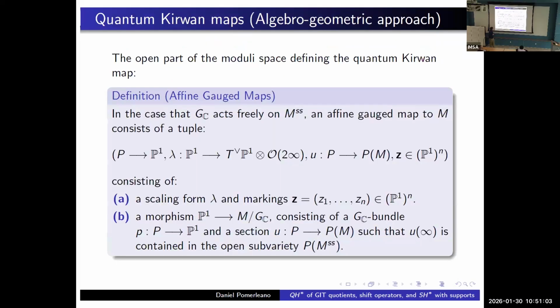And then, again just the open part of this, Woodward's quantum Kirwan map. So basically what one does is, the data of the map will be a G bundle.